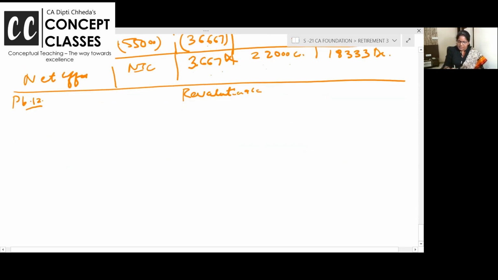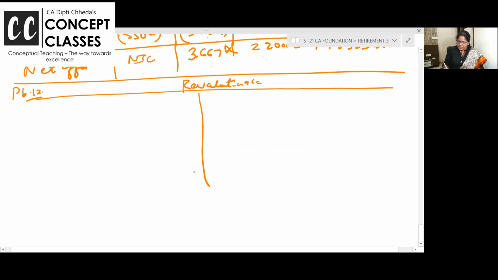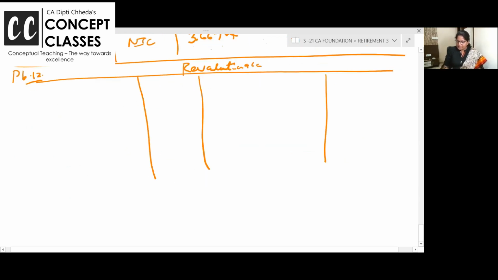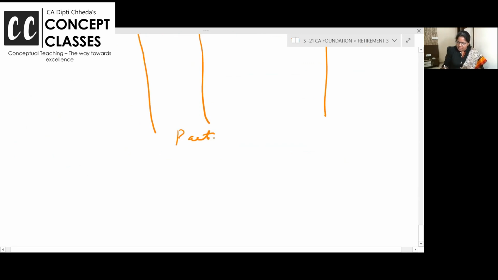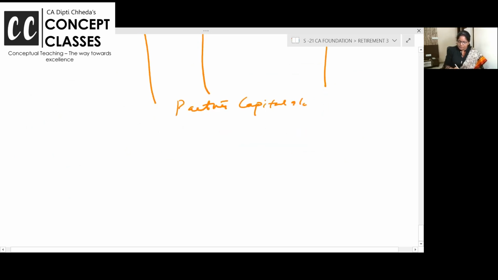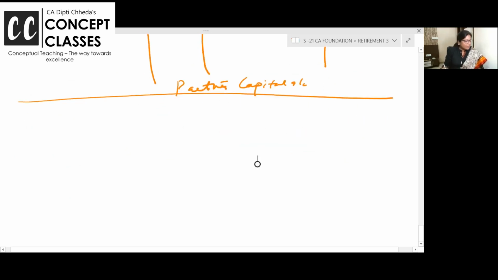Revaluation account debit. Next is partners capital account. How many partners are there? A, B, C and D. 4 partners.